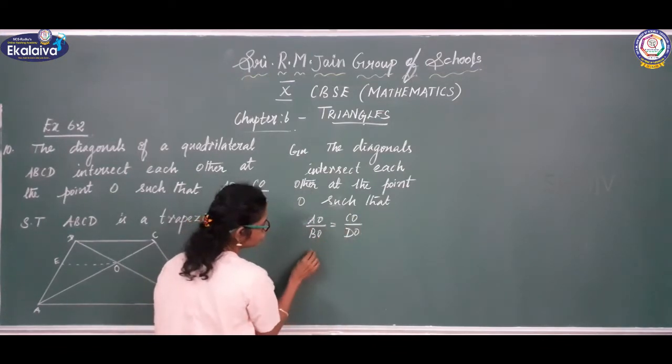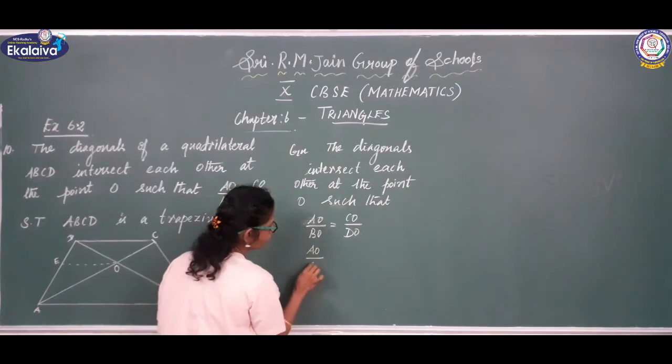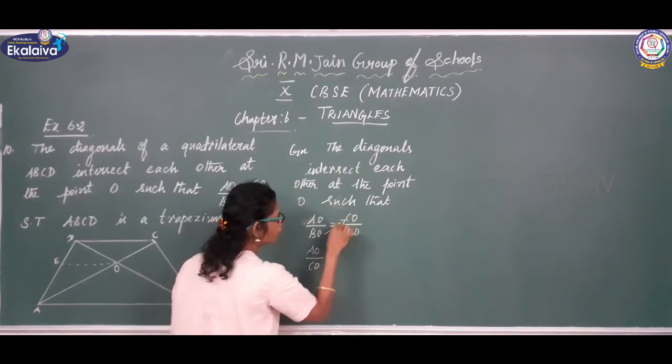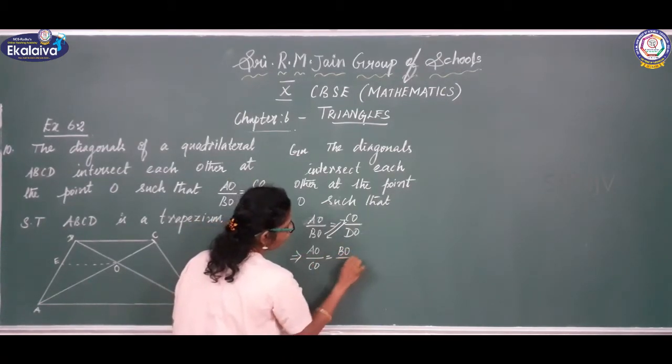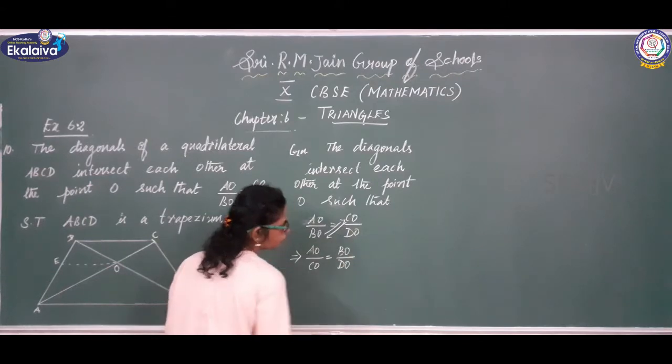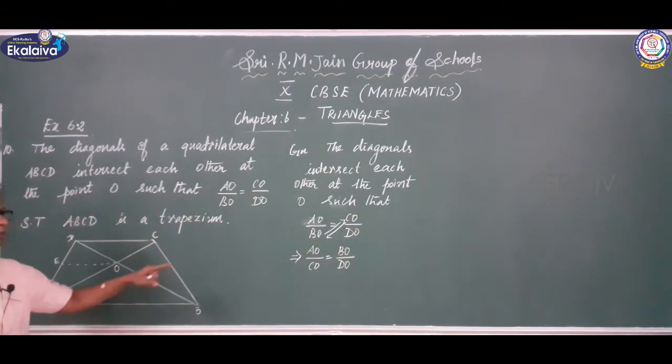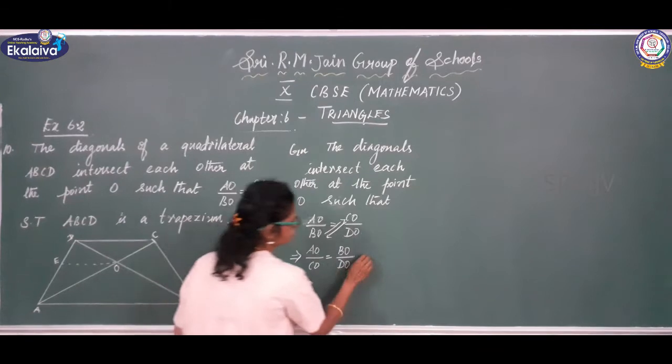Now I am going to interchange here. You see, AO by CO equal to BO by DO. Right? Now you see, this is my equation number 1.